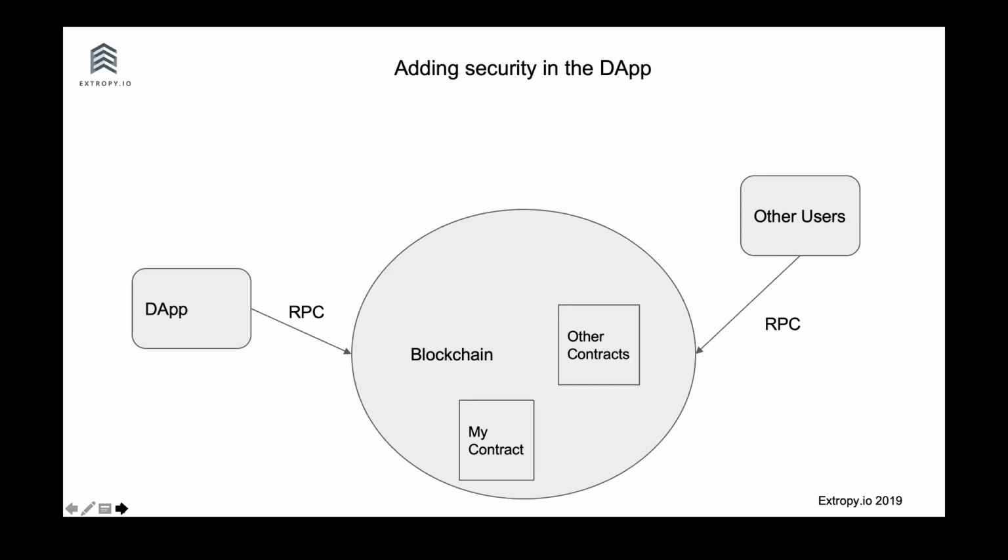So your dApp that you have written will be doing an RPC call into the blockchain, which will call some function on your contract. But that is not the only route into your contract. Other people may also do an RPC call into your contract without going through the security that you've added to your dApp. Or other contracts may try to call functions in your contract without going through the security.